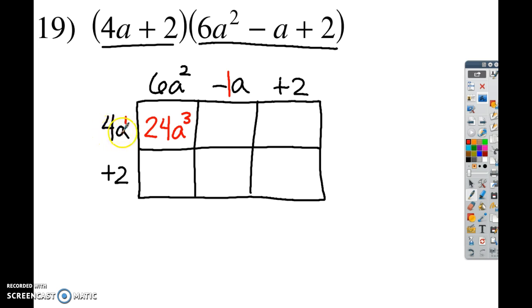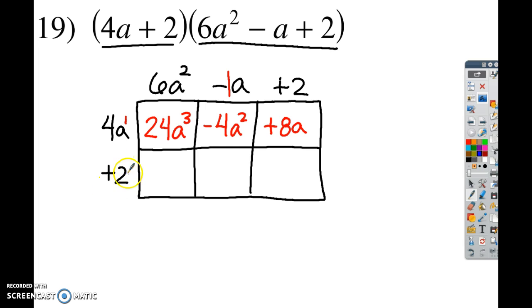So 4a times negative 1a goes in here, and that was negative 4a squared because there's 2 a's. 1, 2. They go in here. 4a times positive 2 goes in here, and that gives you positive 8a.